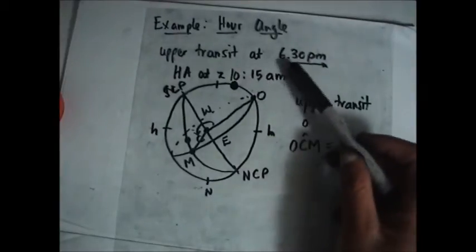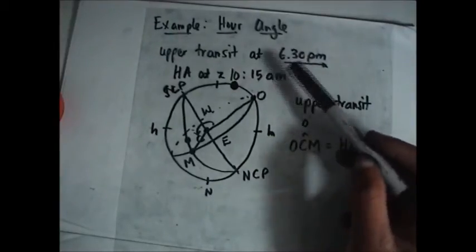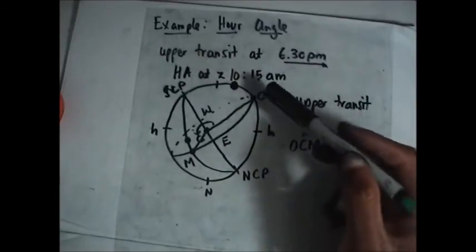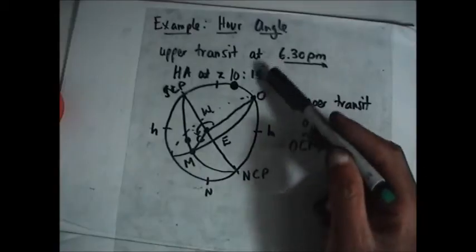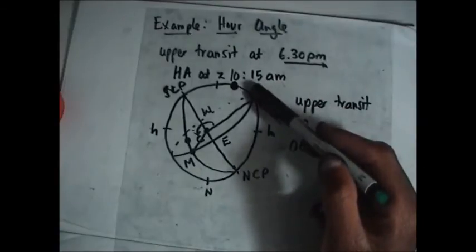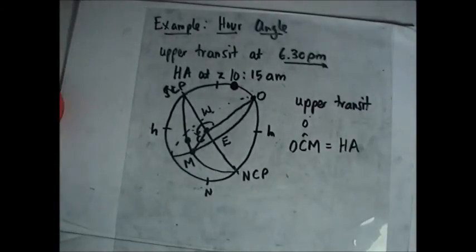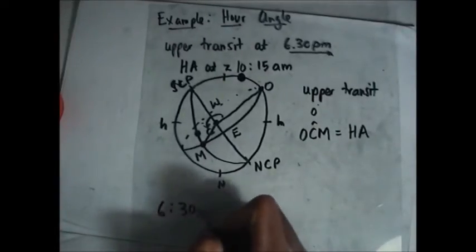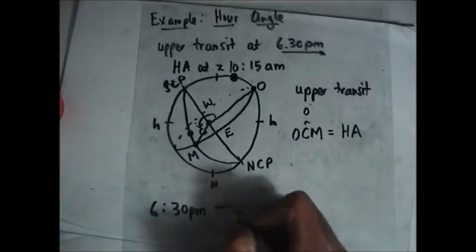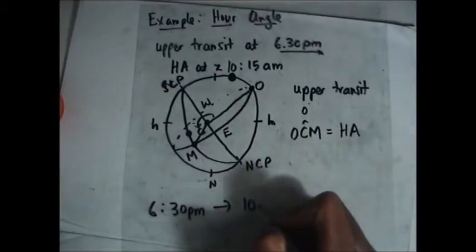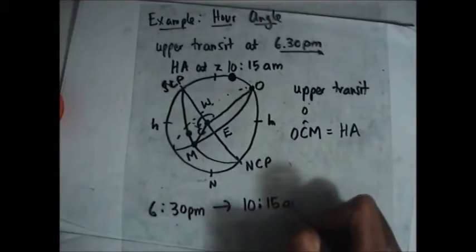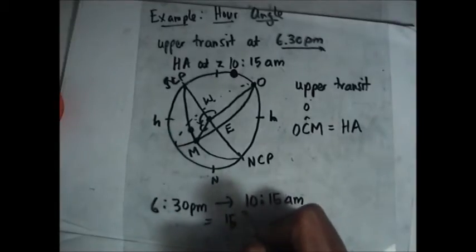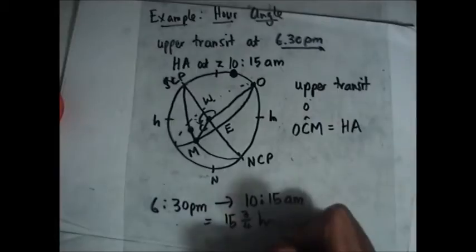How many hours has it passed upper transit, or how many hours has this star gone through from 6:30 p.m. to 10:15 a.m.? That's what we just need to calculate. So from 6:30 p.m. to 10:15 a.m. the next morning, this is equal to 15 3/4 hours.